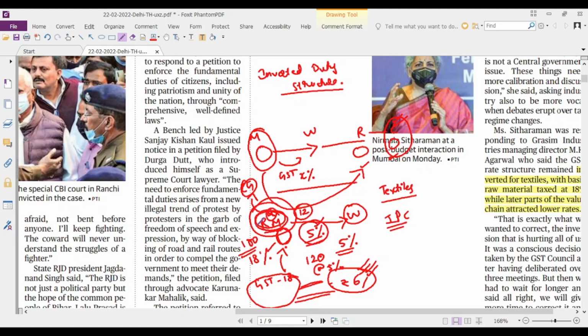But the problem here is, here we are looking at 100 rupees. Imagine a transaction where crores of rupees are being dealt. So a lot of amount is being stuck with the government in the form of tax. If the textile mill had the same amount with itself, the working capital of the textile mill would have increased.